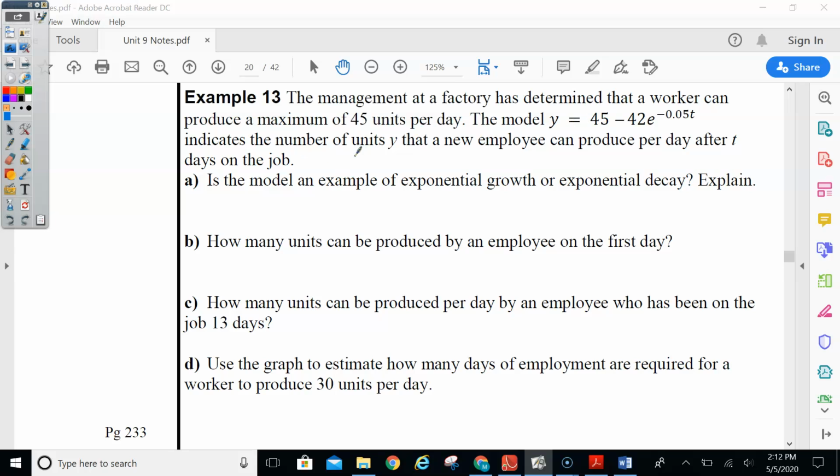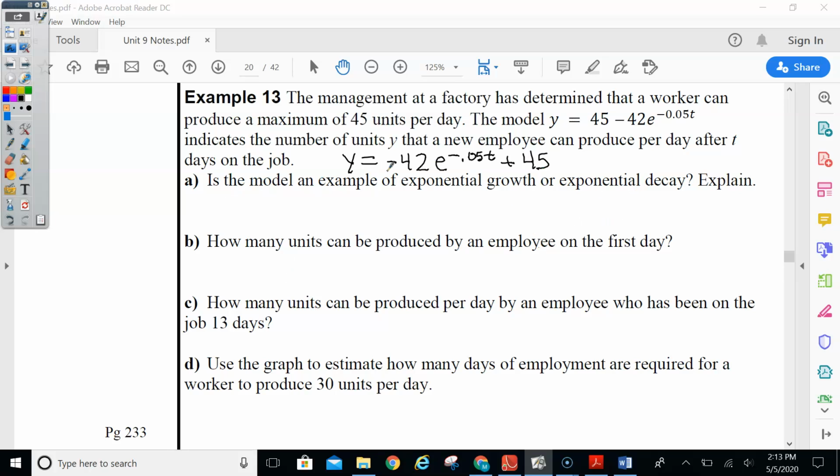So if it helps you, you can rewrite this as y equals negative 42, that's the a, e to the negative 0.05t, and then this 45 is your k value, so you can just put it at the end. Sometimes you'll see that with the k added to the front, but here we just moved it.